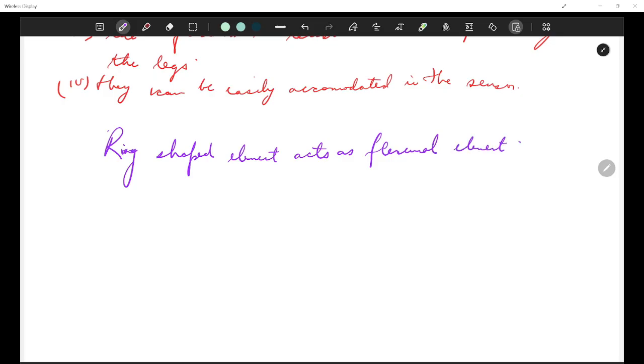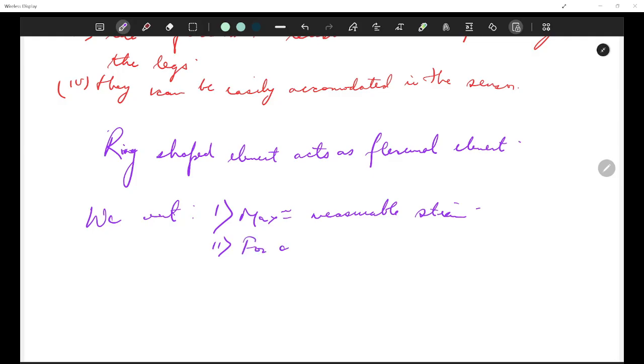Okay, it deforms when the axial force passes through it. So what do we want? We want maximum measurable strain for a given applied force, whatever force is applied, because strain gauge output is directly proportional to strain. More strain, better sensitivity, better resolution.